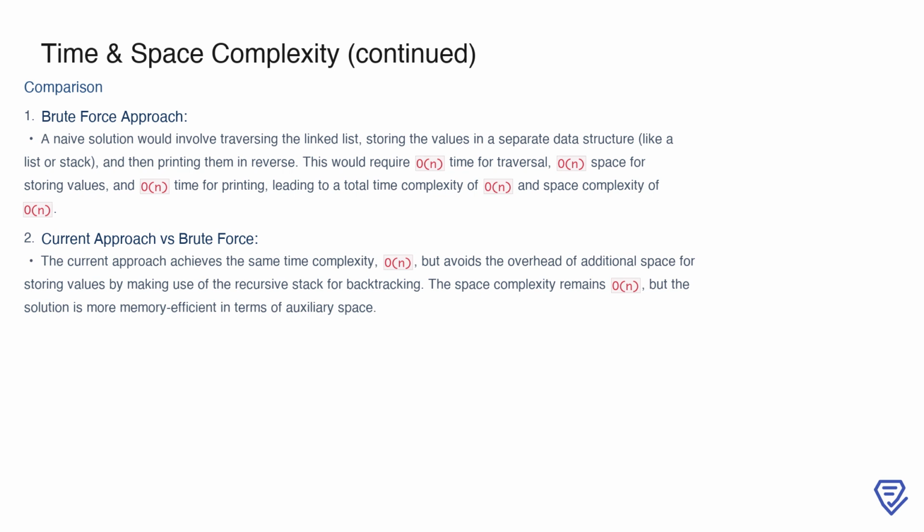In contrast, the current recursive solution achieves the same time complexity, O(n), but avoids the need for extra space by leveraging the recursive call stack for backtracking. This makes the solution more memory efficient in terms of auxiliary space, even though the overall space complexity remains O(n) due to the recursion stack.